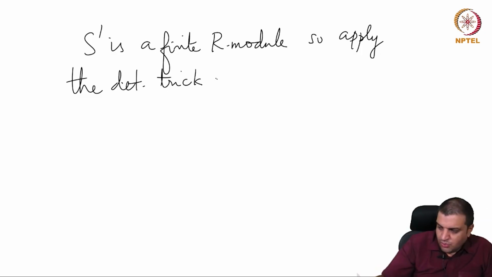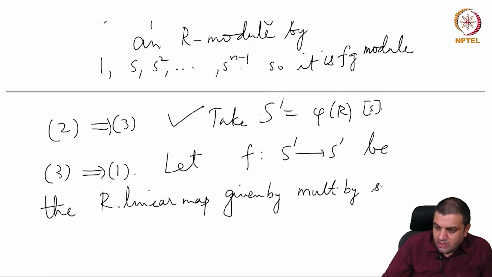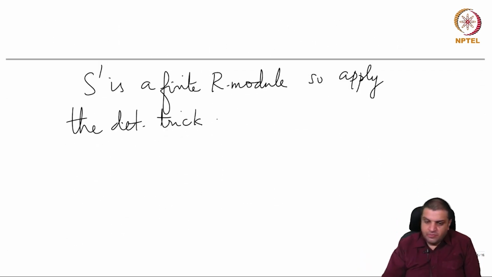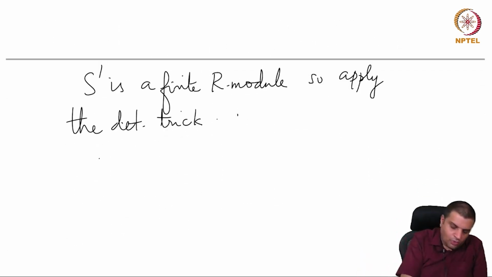So what do we need? We need f of this to be inside some ideal times this, and then there's some statement. But here we can take the ideal to be R itself. Okay. So what does the determinant trick give?